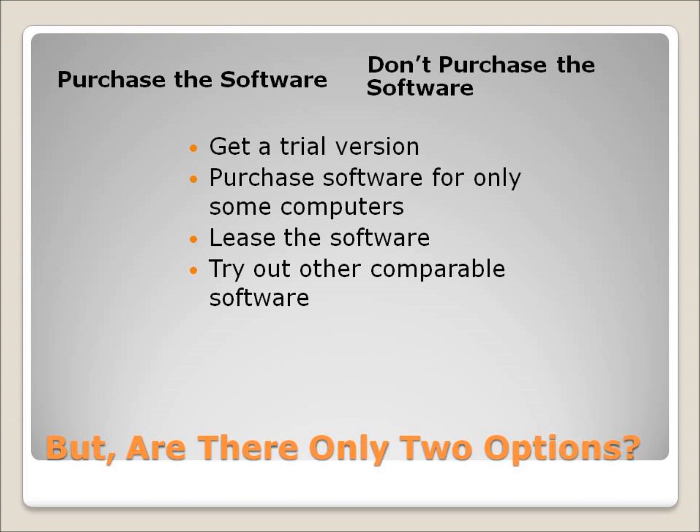But are there only two options? They could look into getting a trial version to test the software out first. They could purchase software for only some computers. There might be an option to lease the software on a month-by-month basis. Or they might try out other comparable software.